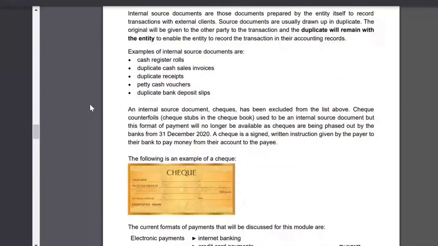Also, guys, a check counterfoil. A check is also an example of internal source documents. A check has been excluded from the list above, but check counterfoils are also part of internal source documents.